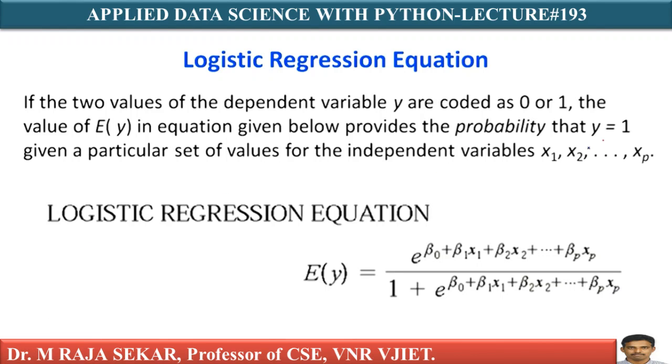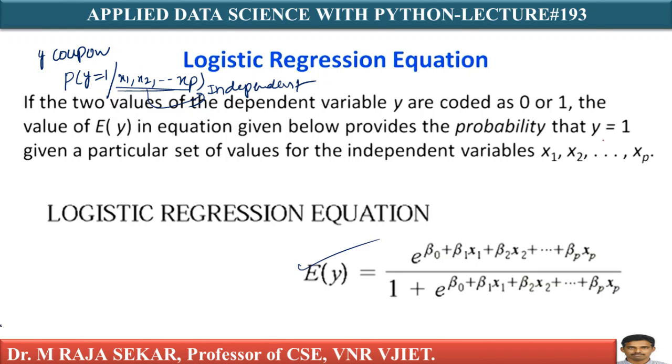What does probability y equal to 1 mean? What is y? Y is coupon, isn't it? So y equal to 1 means using the coupon. It is the probability of using the coupon for given independent variables x1, x2, and so on, xp, isn't it?